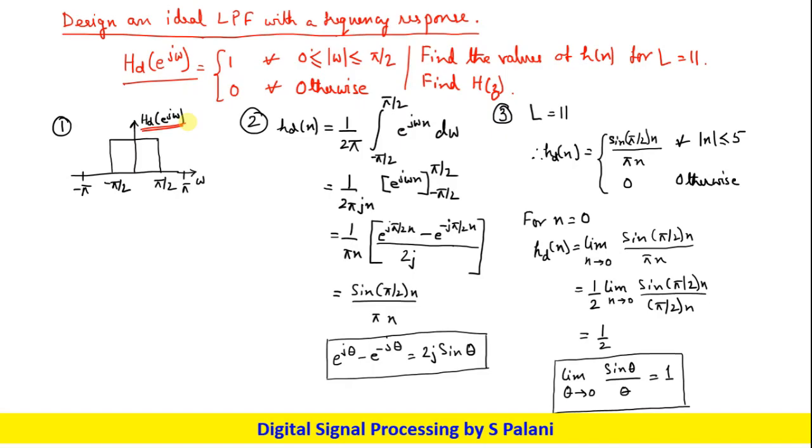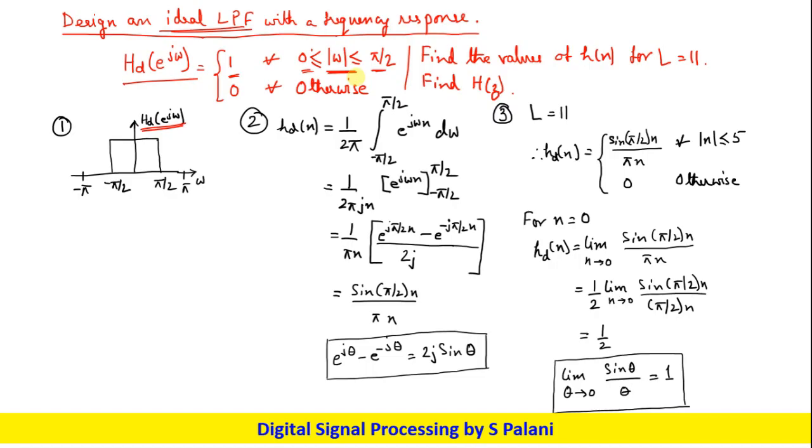Now since it is given as an ideal low pass filter, if you look into the response, it is 1 in the region of 0 to pi by 2, and it is modulus of omega, right?